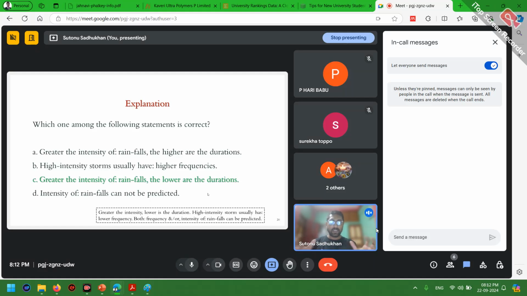You can assume that the number of rainfalls occurring, or the frequency, multiplied by the average amount of rainfall per session of rainfall, is equal to a constant. So that means they are inversely proportional. If one is more, another one will be less.